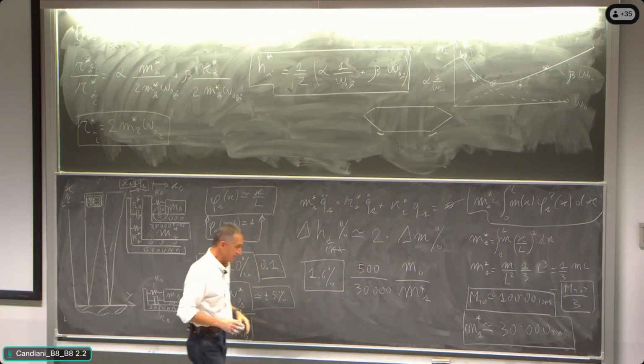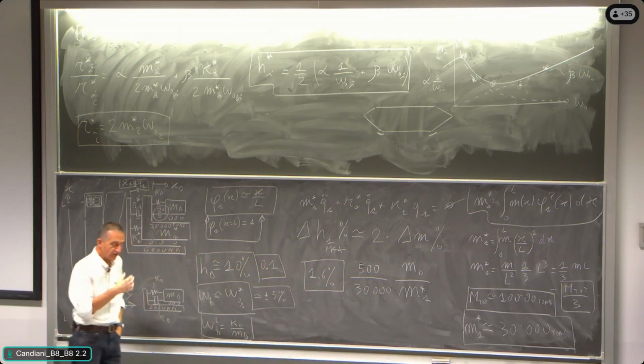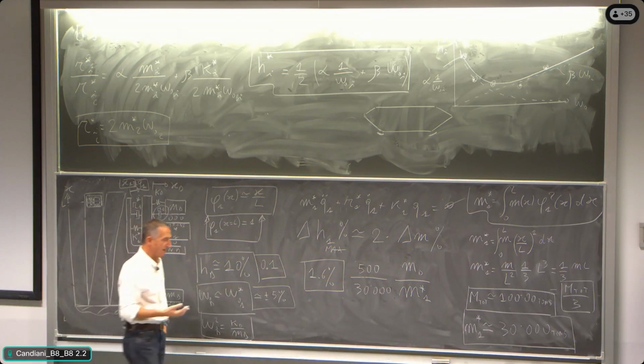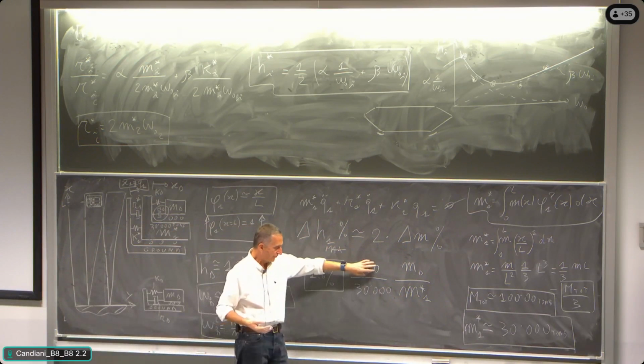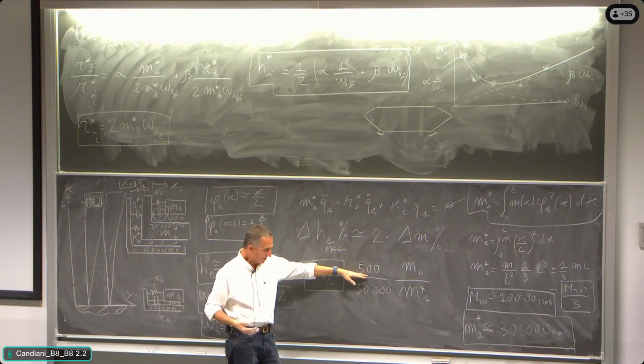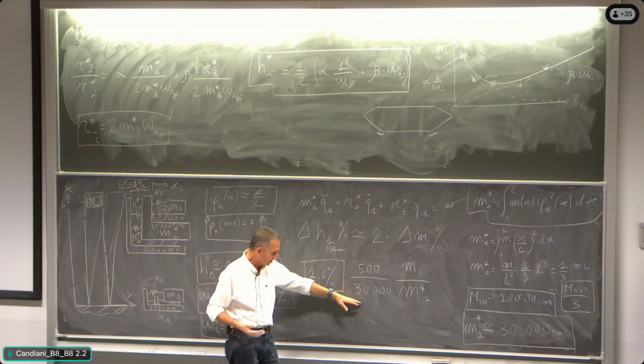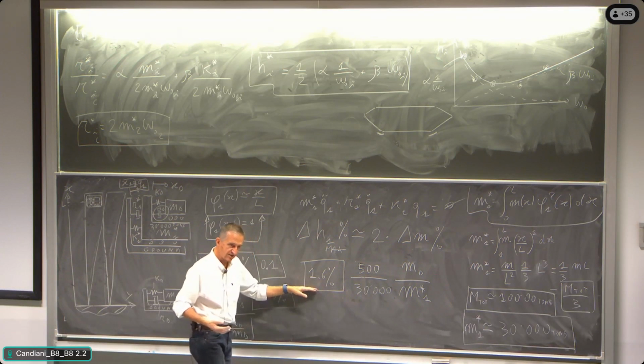And so for the design of this, the Isozaki, one of the possibilities was to make a TMD of 500 tons that with respect to the 30,000 tons makes 1.6%.